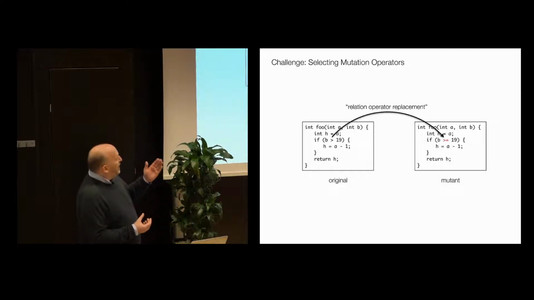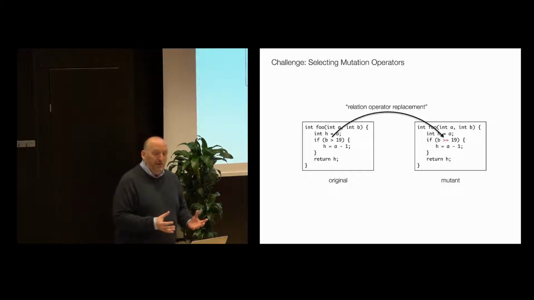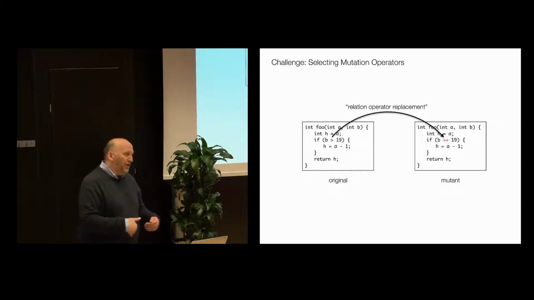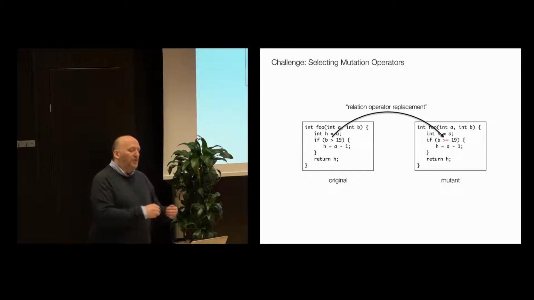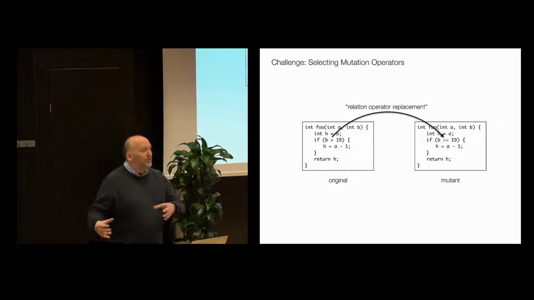For example, if I do this relation operator replacement where I just change one relation operator, in this case b is greater than 19 to b is greater than or equal to 19, it will guarantee that the other changes, like changing 19 to something else, will also be found. Just like, for example, with different forms of structural coverage, if you do path coverage, it will mean that you definitely get branch coverage as part of path coverage. The same is true of some of these mutation operators, which are how you make mutants, that some of them imply that other mutants will automatically be found, so you don't need to do the other ones.